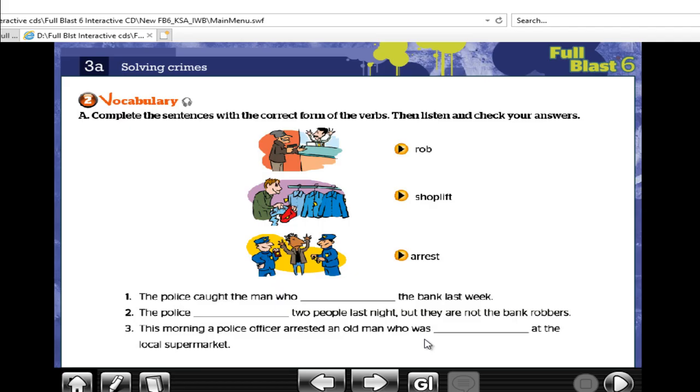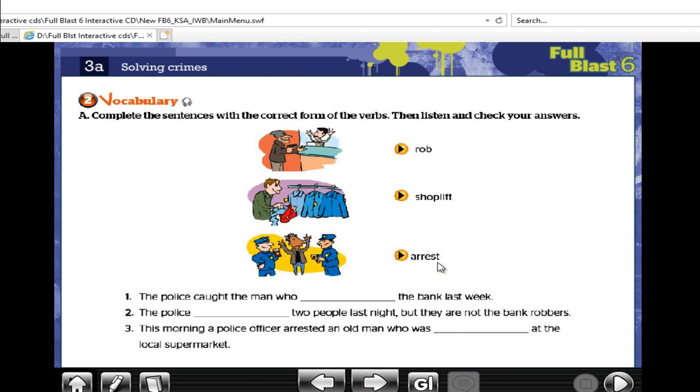Now open your book to page 34. Vocabulary. Here on the right we have three verbs related to crimes. The verb rob, the past simple from it is robbed, R-O-B-B-E-D, double B. Shoplift, shoplifted, ED is regular.